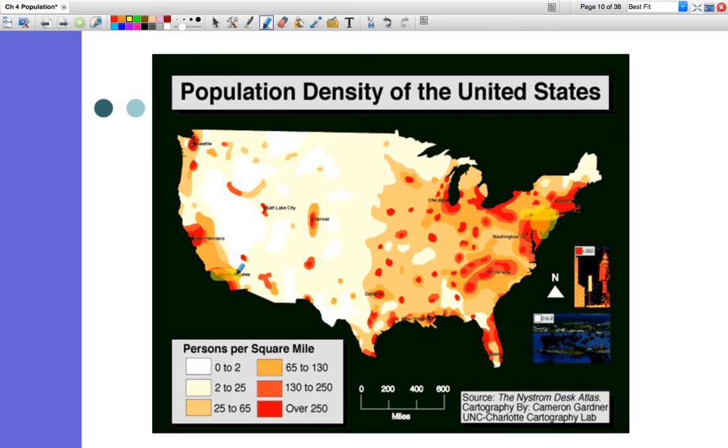Obviously, Los Angeles, San Diego, San Francisco, Seattle, Chicago, Washington, D.C., New York, Boston are major cities, have extremely dense populations.